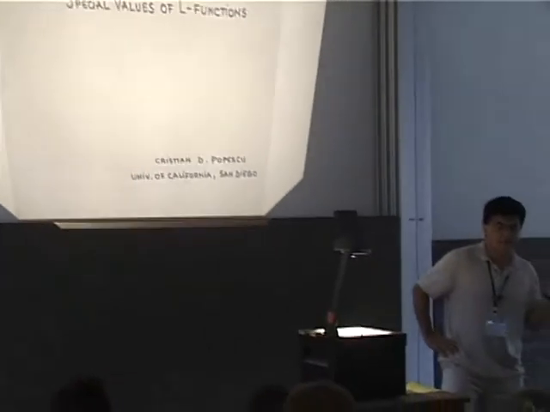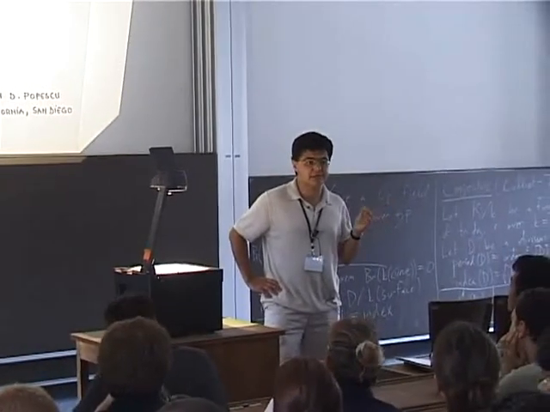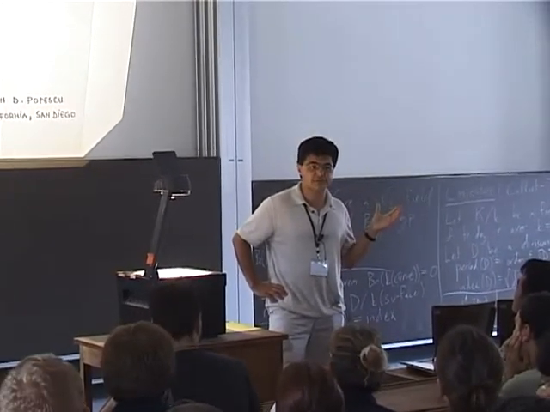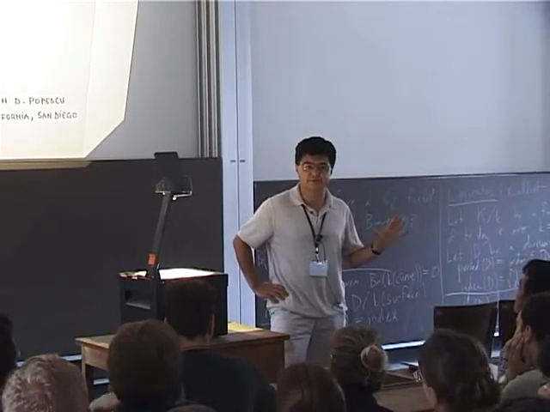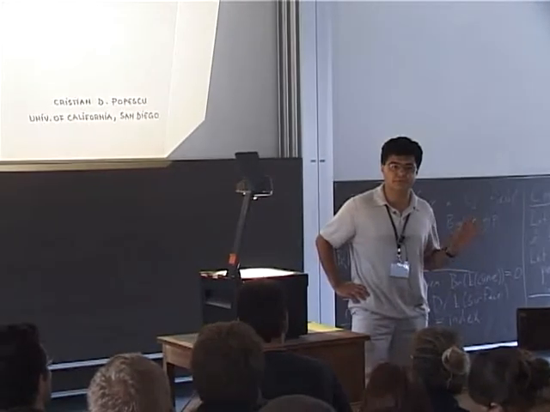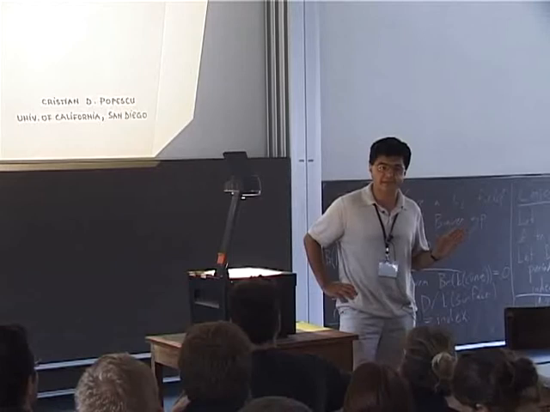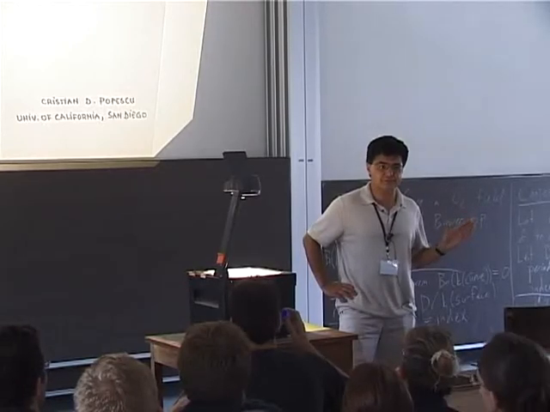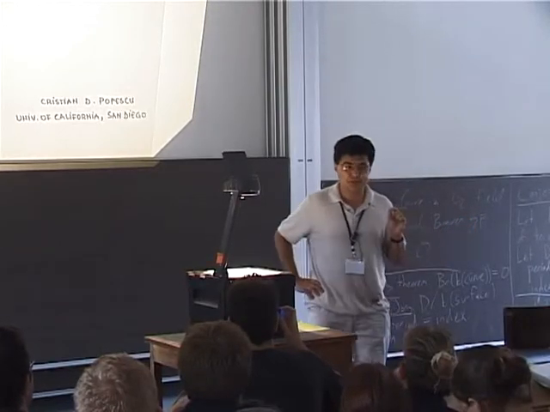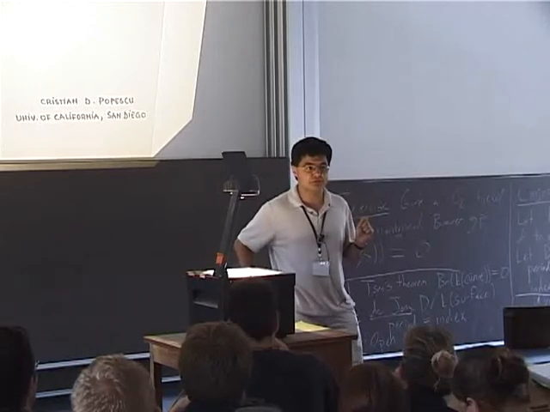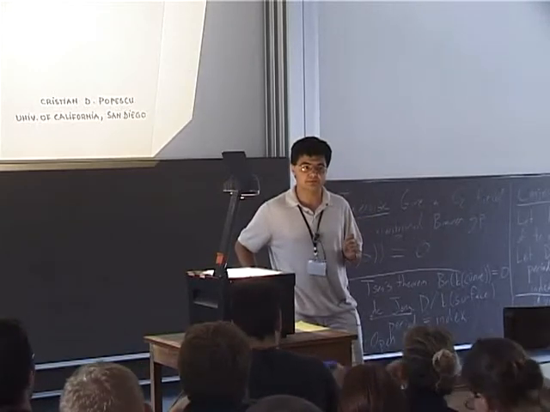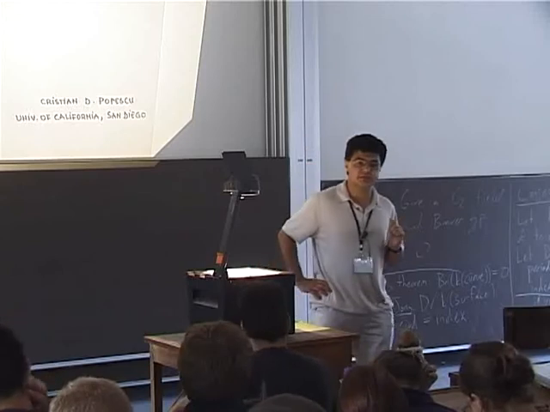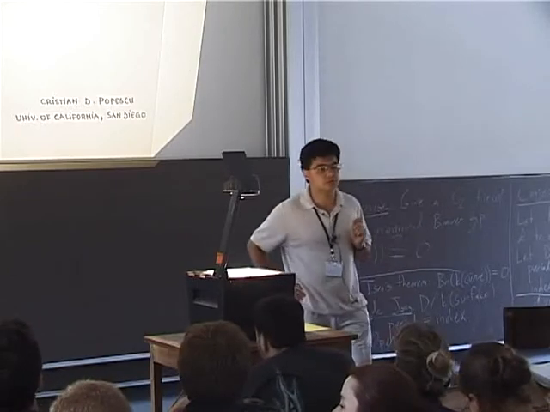By the way, if you really have a craving for the utmost level of generality, you can replace the scheme by a motive. You will hear the word motive in my talk today several times. I'll never define a motive here, okay? But you can play the game I am going to describe with motives rather than schemes over global fields.